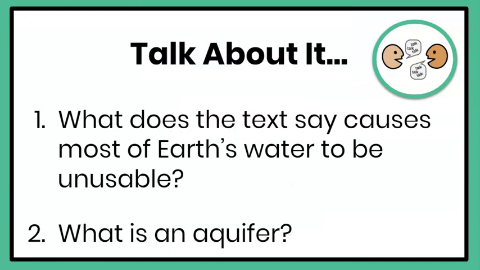La segunda pregunta dice, ¿qué es un acuífero? What is an aquifer? Piensa en esto por un momento. Para responder a esta pregunta, vamos a revisar el texto de nuevo.